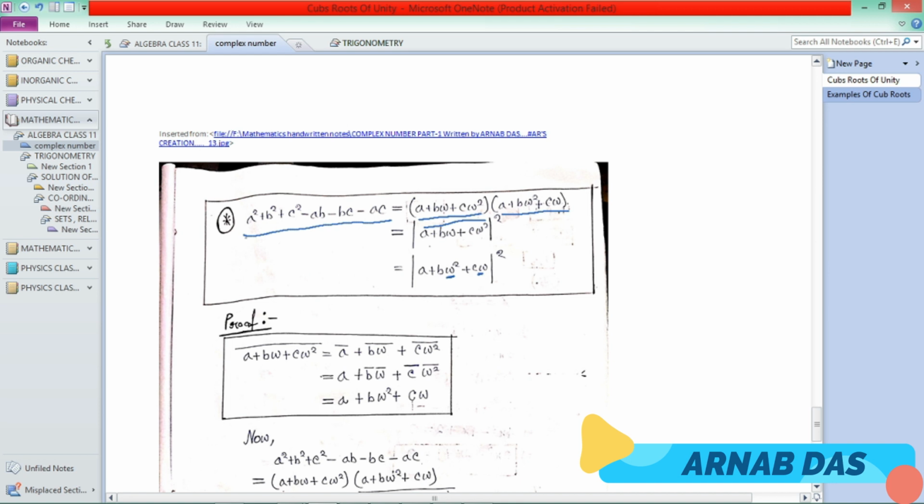So here you can see that a square plus b square plus c square minus ab minus bc minus ac equals this and this.